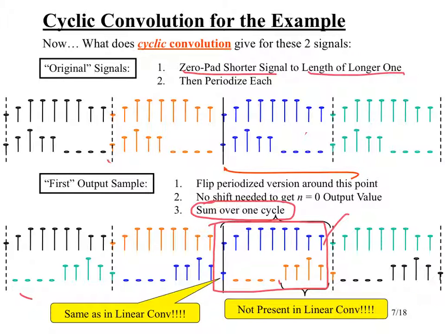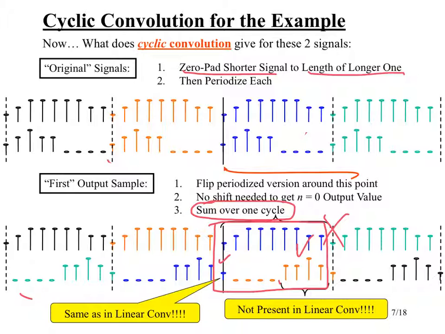I did not take this last point here, which is the start of the next cycle. So I'll have one non-zero product at the beginning. That's the correct one, correct meaning the same as the linear convolution. And then I have 4 non-zero products over here that get thrown into the sum and give me a value that is not the same as what I would get for the linear convolution. So that's for n equal to 0.